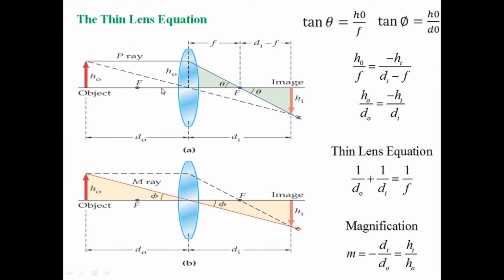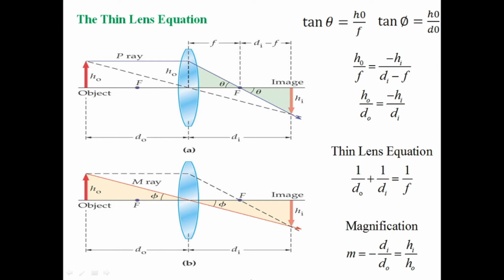If an object satisfies it, that object will be focused properly on your image plane, assuming that this d naught is very much greater than the small f. That means the distance between your object and the lens of your camera is very far when compared to the distance between your focal point and the lens of the camera.